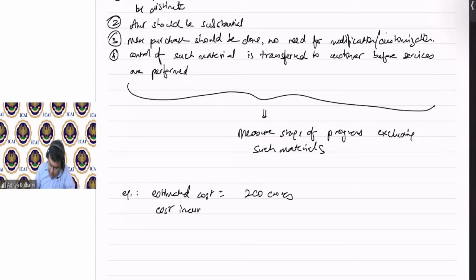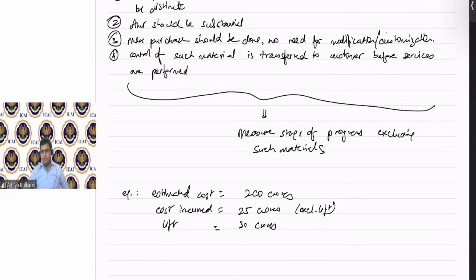Cost incurred is equal to 25 crores. Lift is equal to 30 crores. This is cost incurred excluding lift. Okay. Excluding lift. Now, let us look at this.